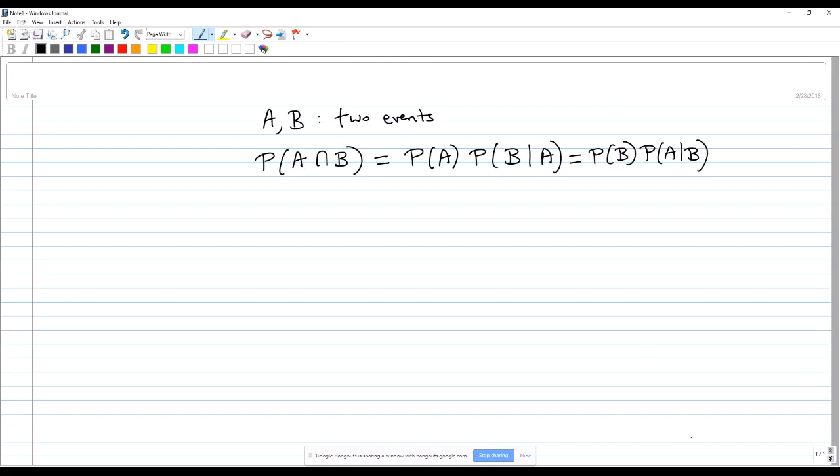And this equation is essentially Bayes theorem if you think about it.